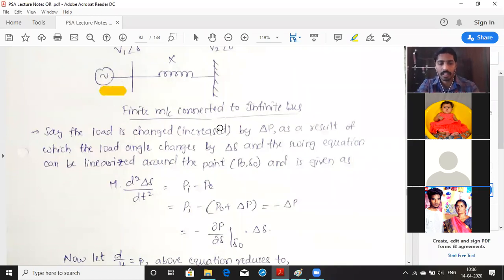Because there is a change in power at the load end side, there should also be a change in power at the generator end side.